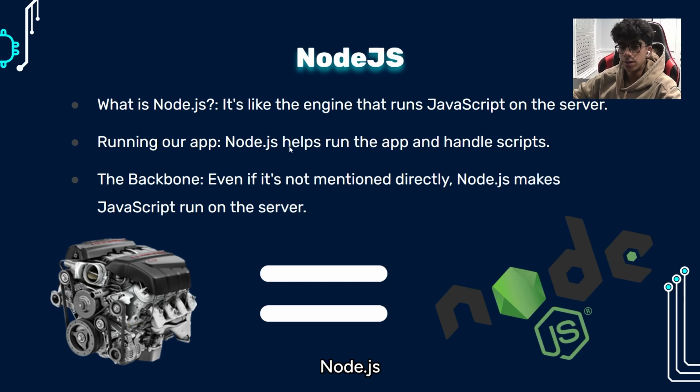And also, Node.js helps us run our React apps, and also we can put scripts into a terminal, which is a really simple way of giving commands to the computer to understand issues in our code and to export our code. And it also acts as a backbone that allows us to run the JavaScript code on the server itself rather than bringing that JavaScript to our device and then running it there, which is normally a lot slower.